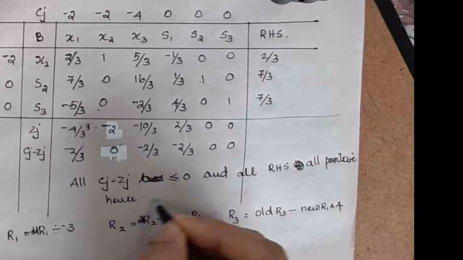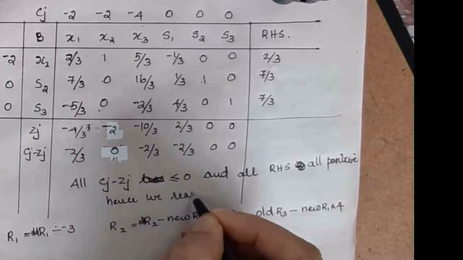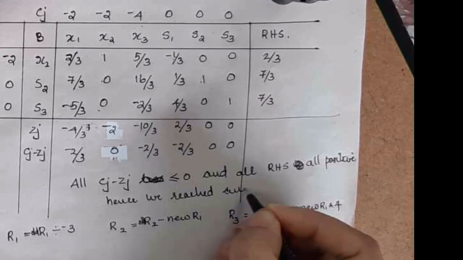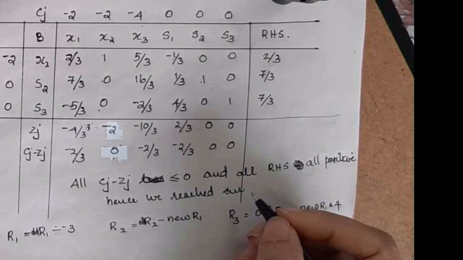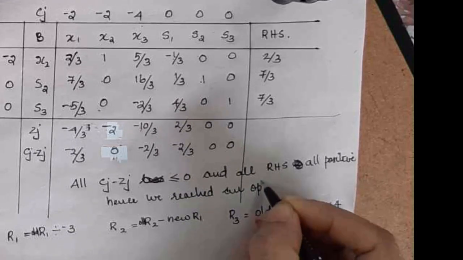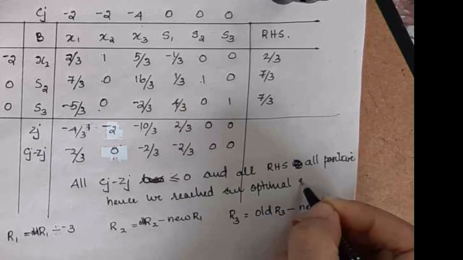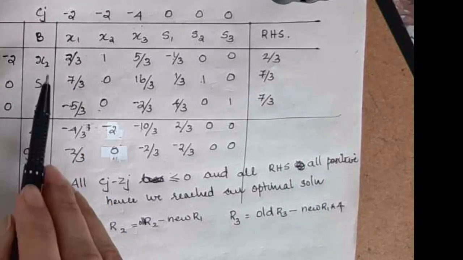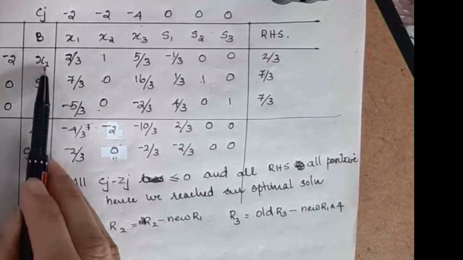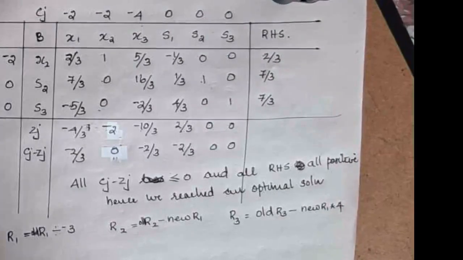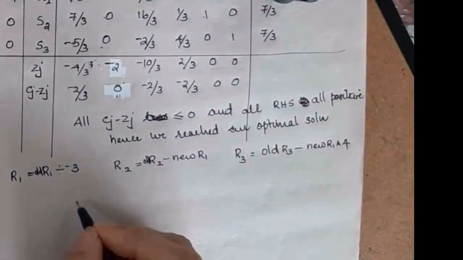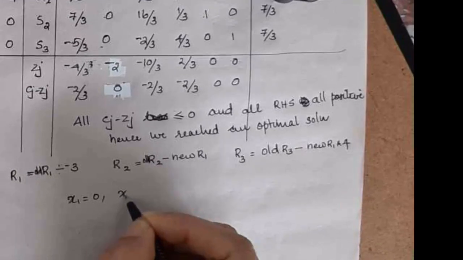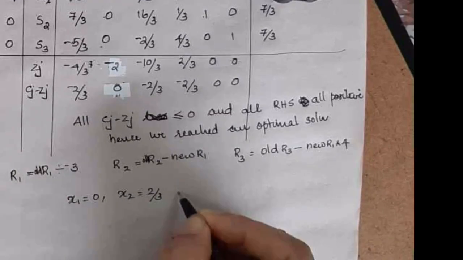Hence, we reached an optimum solution. And what is the value? You don't have x1 and x2 in the basis. So x1 will be 0, x2 will be equal to 2 by 3, x3 will be 0. So the values will be x1 equal to 0, x2 equal to 2 by 3, and x3 equal to 0.